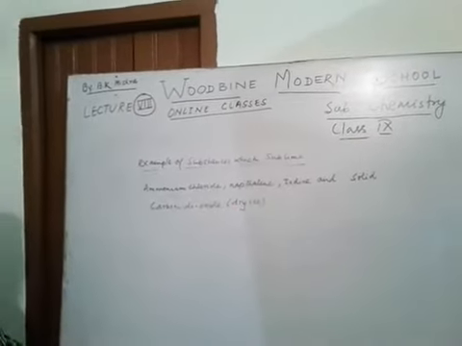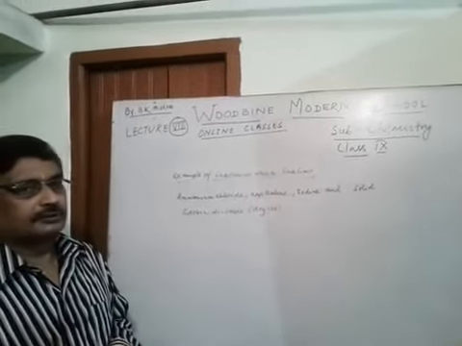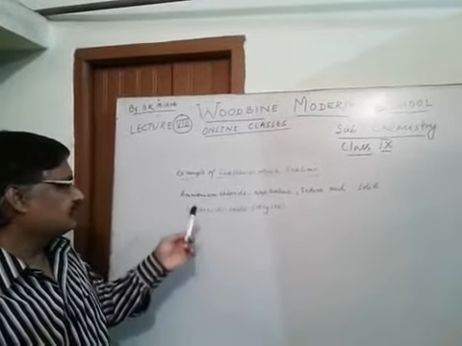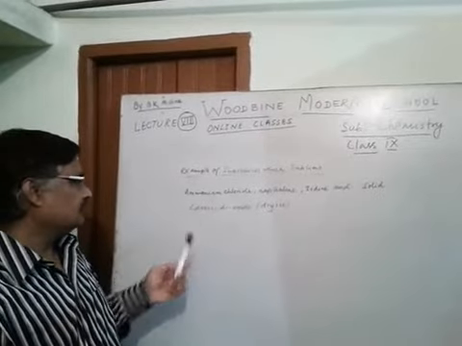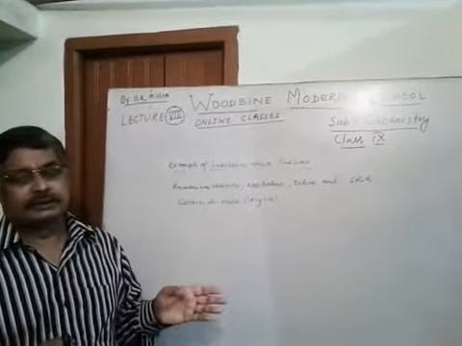Why it is called dry ice, we will learn in our next video. So these are the examples of substances which sublime: ammonium chloride, naphthalene, iodine, solid carbon dioxide, camphor.